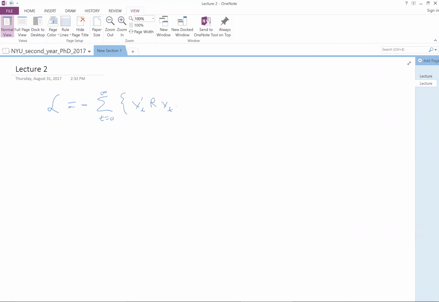We're going to put a sequence of Lagrange multipliers on our constraints. I'm going to put a 2 here. You'll see why, because I'm using quadratic forms. And that's the multiplier on the time t constraint.